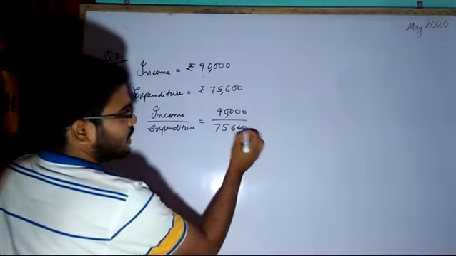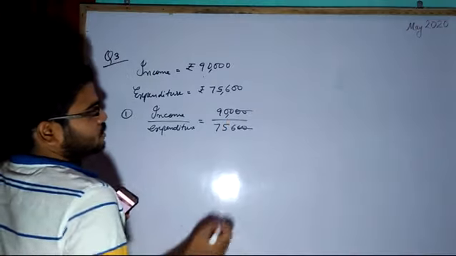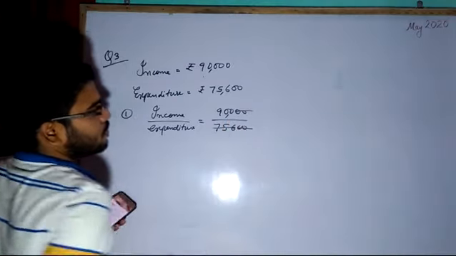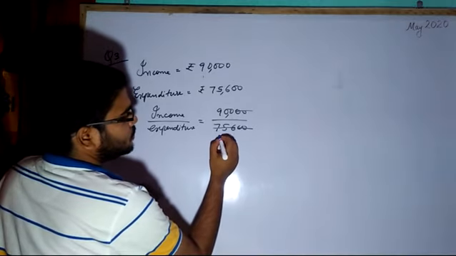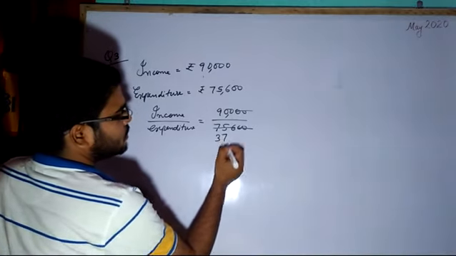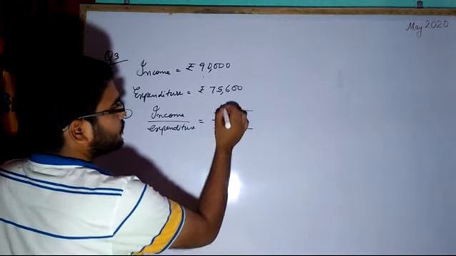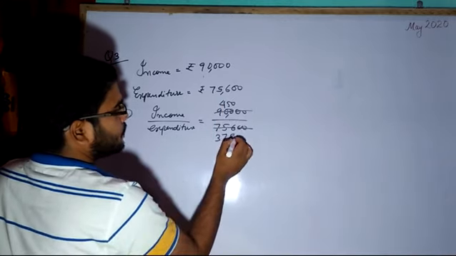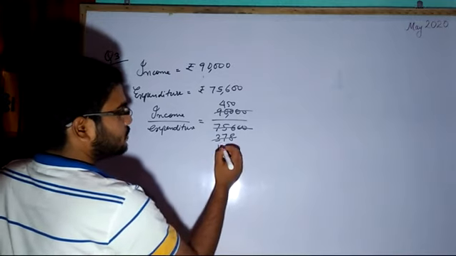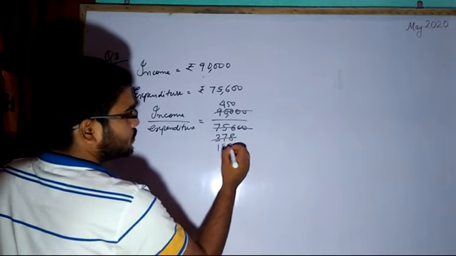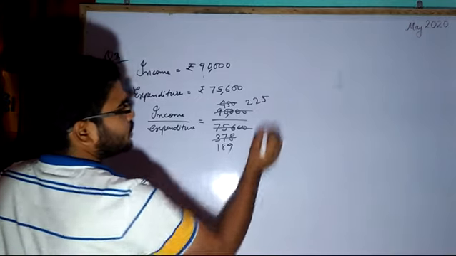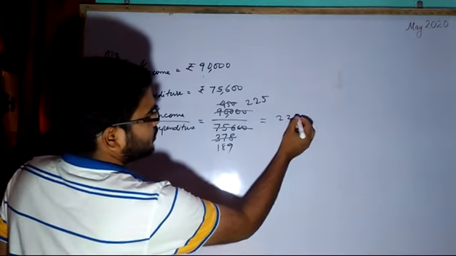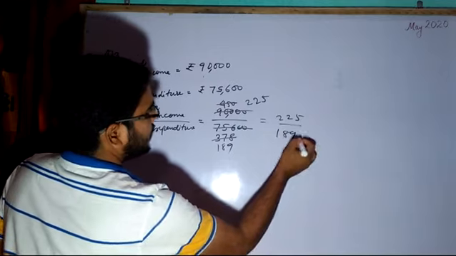Now, if you simplify this, go by 2. 2 3s are 6, 2 7s are 14, 2 8s are 16, and so on. So it will be 225 by 189.